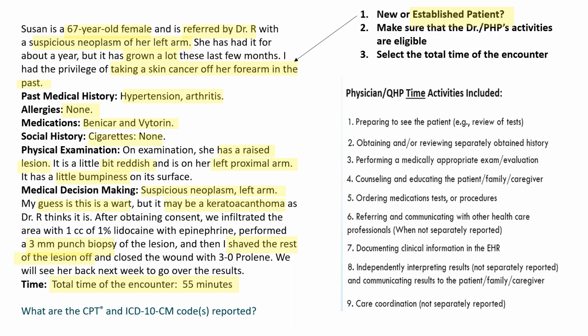If this is a new patient and the amount of time is 55 minutes, what is our code? Go ahead, type in the chat. Absolutely. 99204. That's indeed it. It is that straightforward.